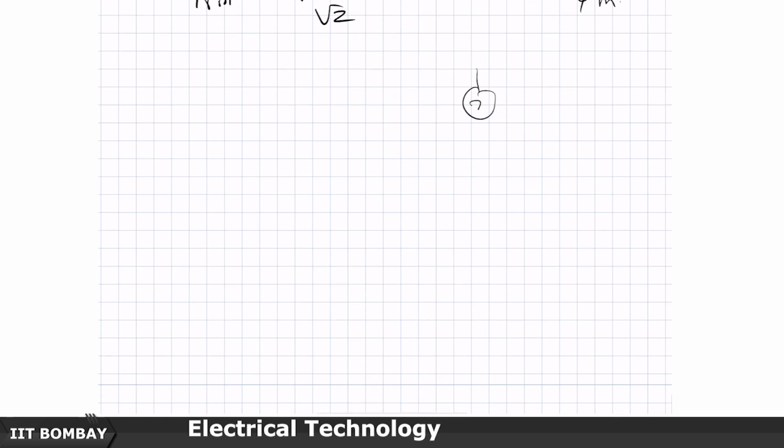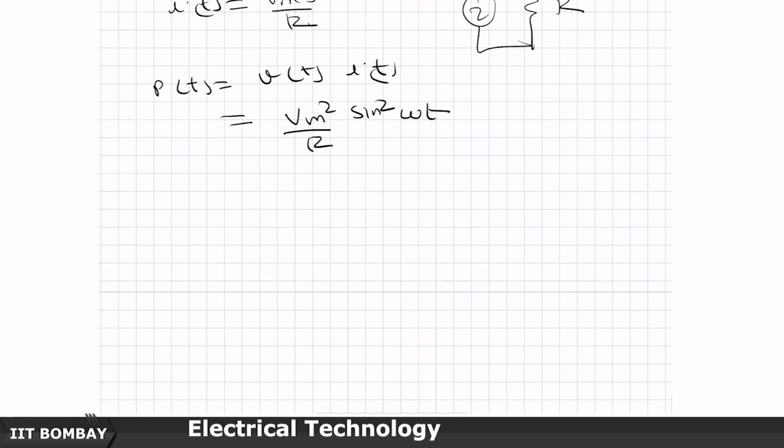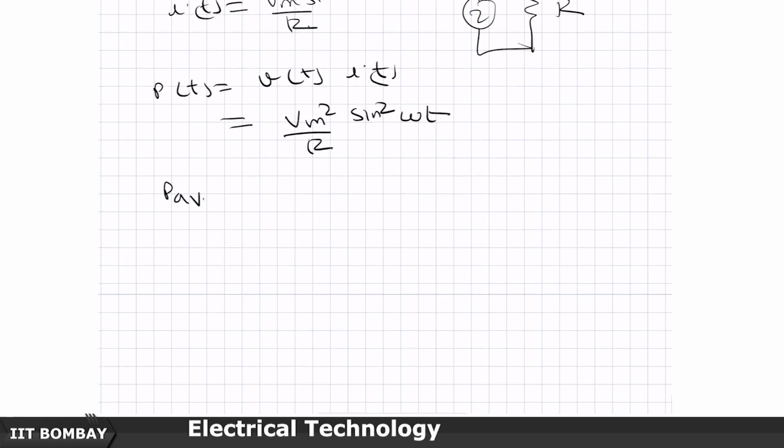Suppose I had a sinusoidal voltage supply connected to a resistor, which is a dissipative element. Then i of t will be Vm sin omega t, the voltage supply by R, and the power p of t, which is v of t times i of t, will be Vm square sin square omega t by R. I am interested in the average value of the power that the resistor dissipates in one cycle.